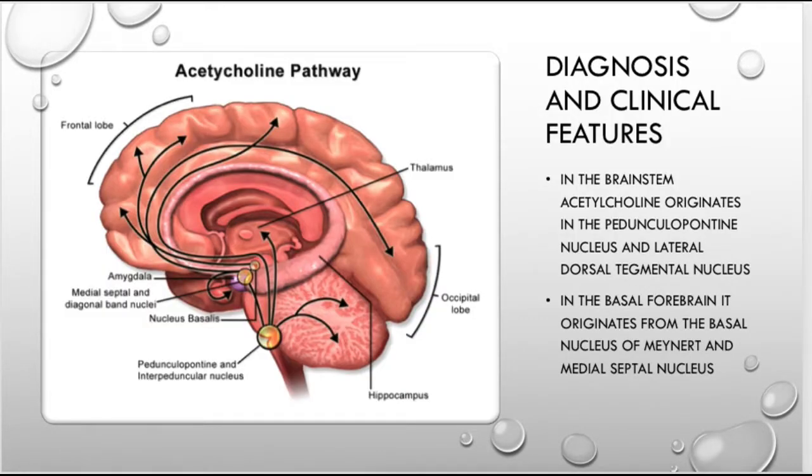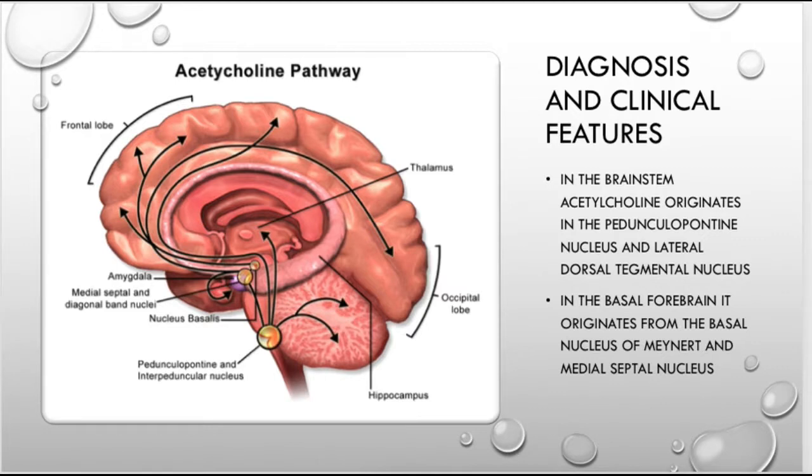So this is to just kind of show you guys what the acetylcholine pathway looks like. As we know, in the brainstem, acetylcholine originates in the pedunculopontine nucleus and lateral dorsal tegmental nucleus. In the basal forebrain, it originates from the basal nucleus of Meynert and medial septal nucleus. This kind of just shows you where the acetylcholine originates from and how it's distributed throughout the brain.